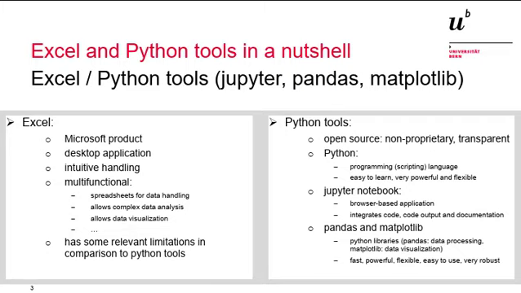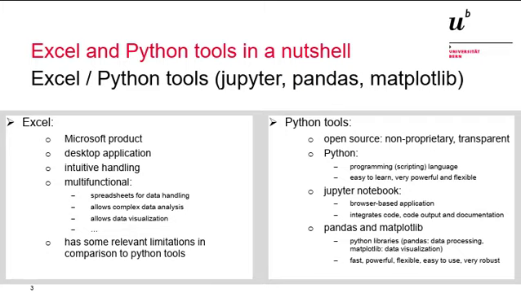What I call Python tools is a set of tools that are open source, non-proprietary, and transparent, so you don't have to pay for it, and the source code is visible. Python itself is a programming or scripting language. You can use it in very different ways. It's easy to learn. It's very powerful and flexible. It very often is used together with Jupyter notebooks, especially in a scientific context, which is a browser-based application that integrates code, output, and documentation.